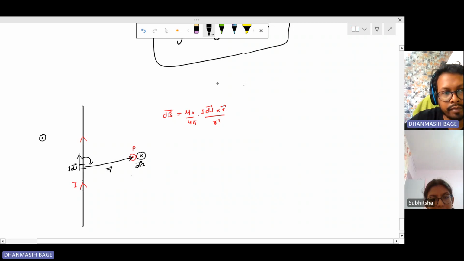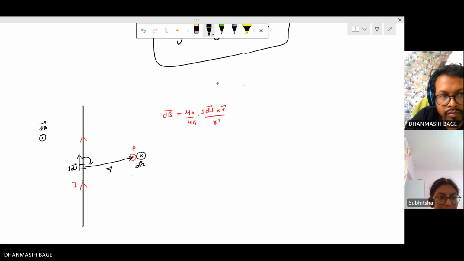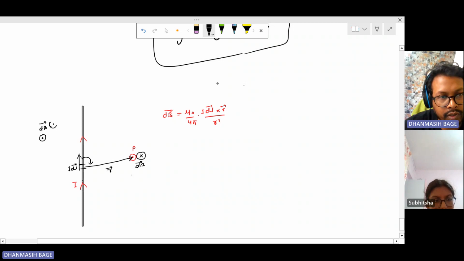Similarly, can you tell me the direction of the magnetic field at this other point using this law? Outwards, right? Correct. This is outward.